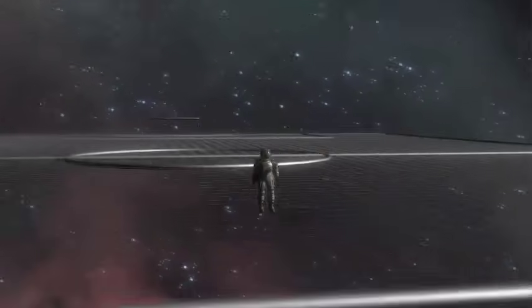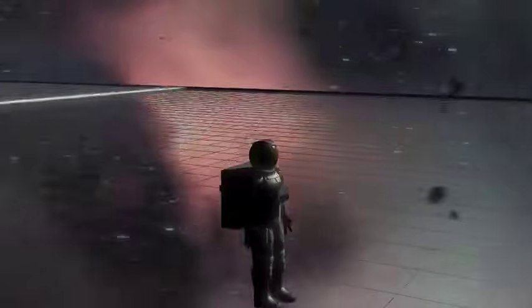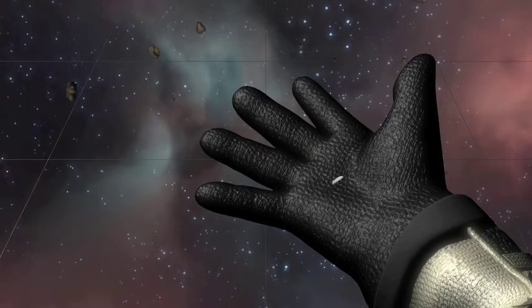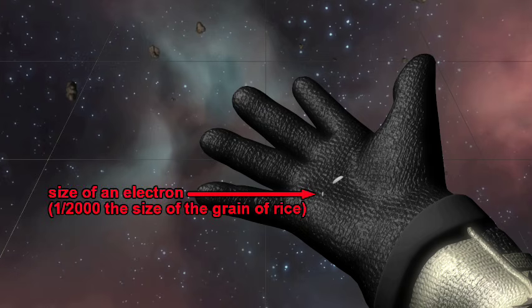So how small is the nucleus compared with the size of the orbital where the electron resides? Imagine you are standing in the middle of one half of a soccer field, and you are holding a grain of rice in your hand, which represents the size of a proton in this analogy. Now imagine the size of an electron, which is 1/2000th the size of that grain of rice.